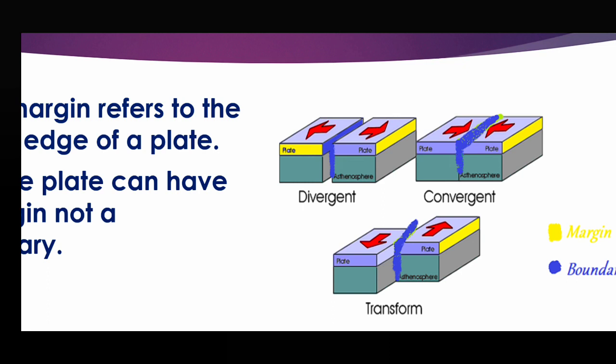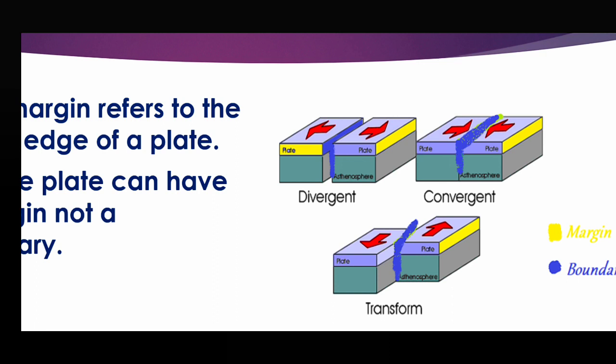Clear? But this blue portion, where two plates are meeting each other, moving away from each other, or moving side by side, this blue portion is called what? Boundary. So there is a difference. Take one single plate: this plate has a last edge.